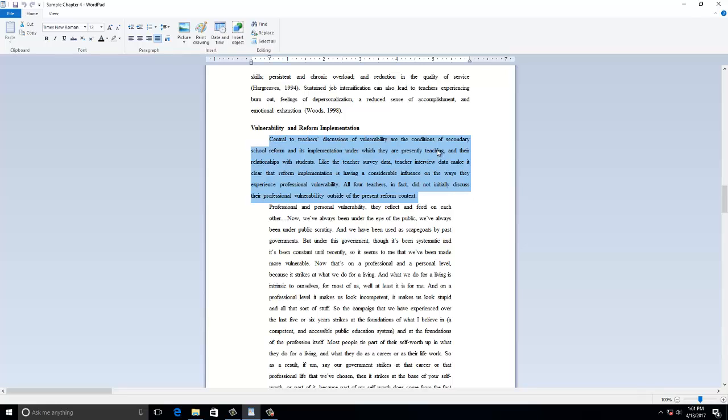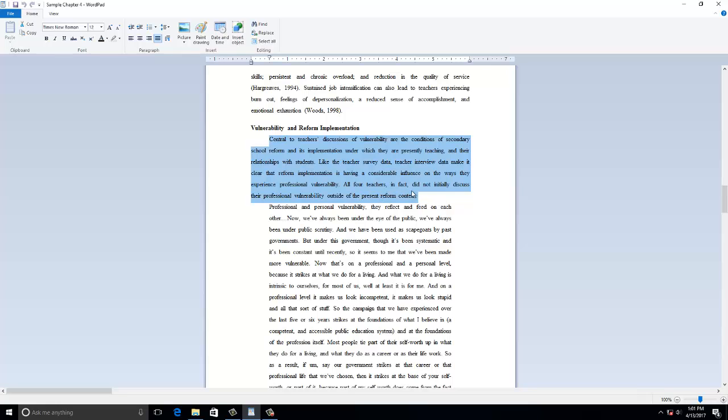Central to teachers' discussions of vulnerability are the conditions of secondary school reform and the implementation under which they are presently teaching. Okay, like the teacher survey data, teacher interview data make it clear that reform implementation is having considerable influence on the ways they experience professional vulnerability.